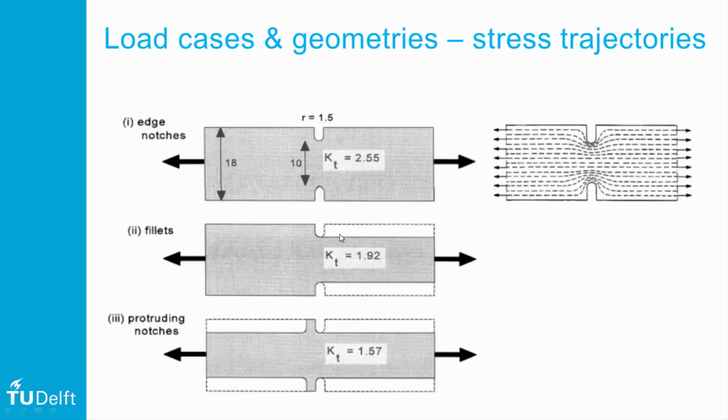So removing this part of the material, we effectively bring down the stress concentration factor. If we then also remove material further upstream, we can even bring down the stress concentration further, simply because less stress is concentrated at the notch root. So we can play with the geometry in order to change the value of the stress concentration factor.